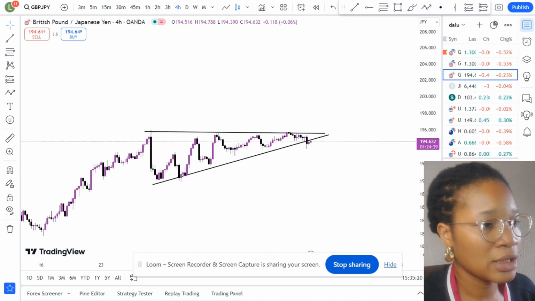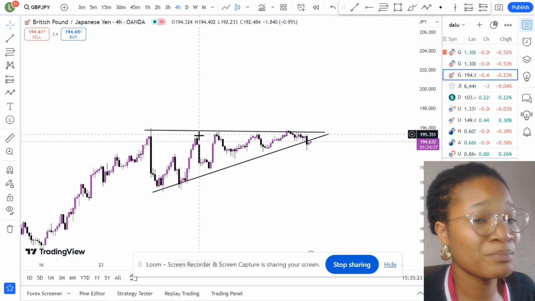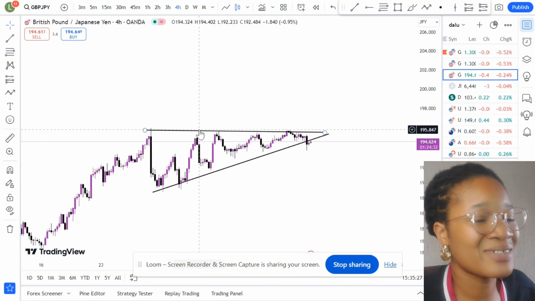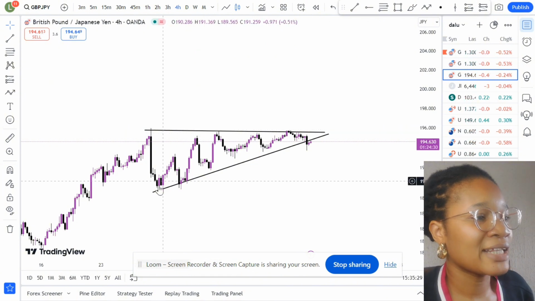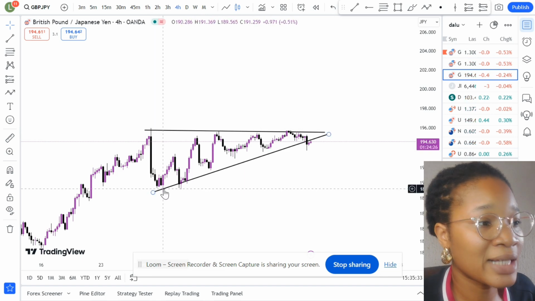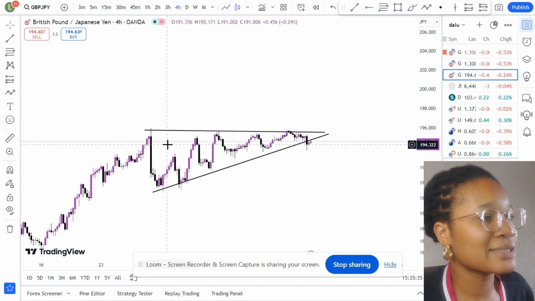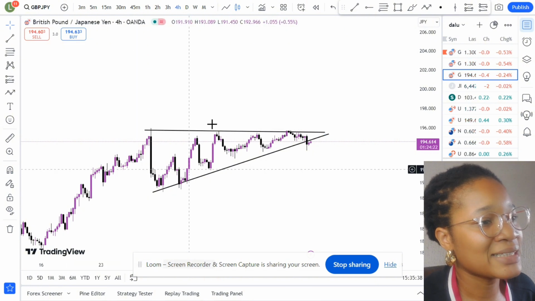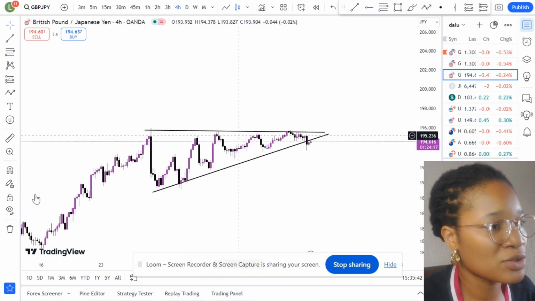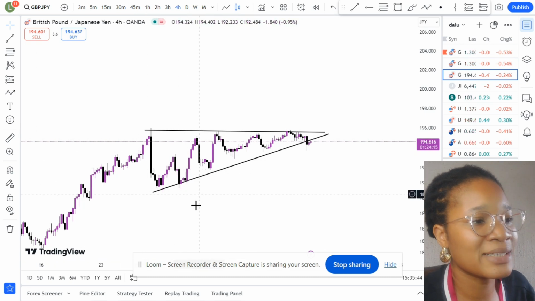You can find price always touching that horizontal resistance, and then it is coming down and touching the diagonal support. But you can see that the buys are stronger than the sells.